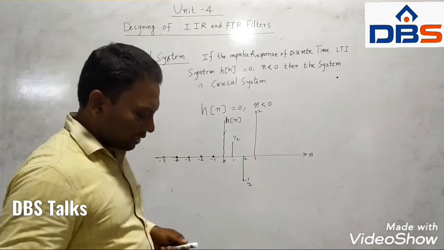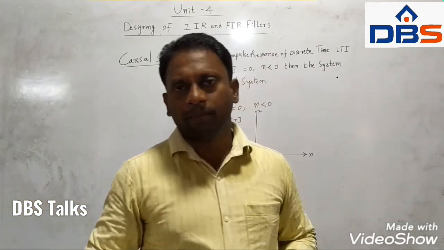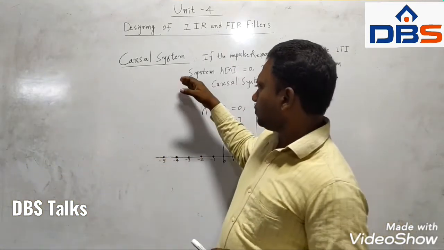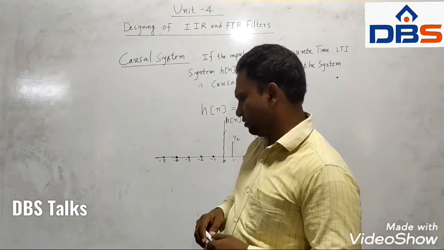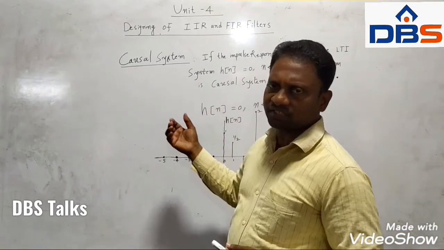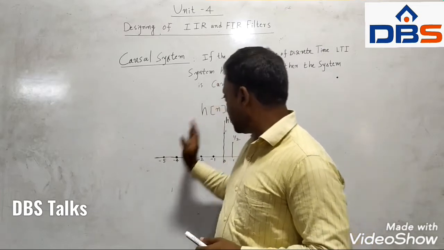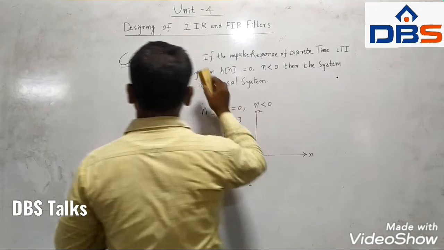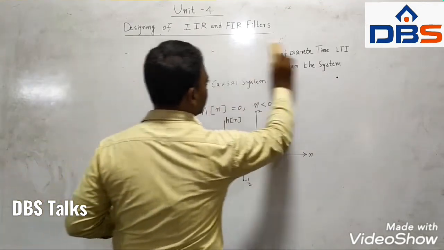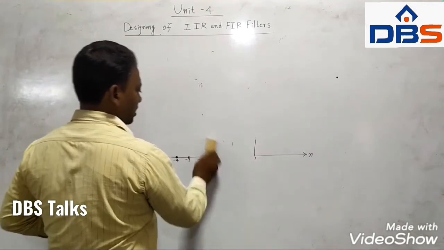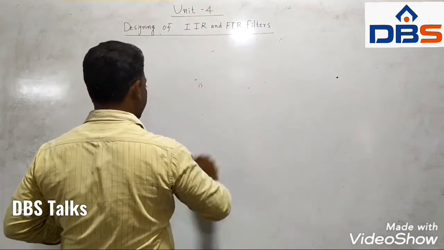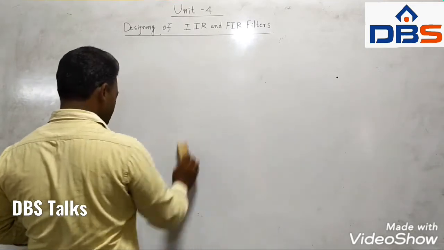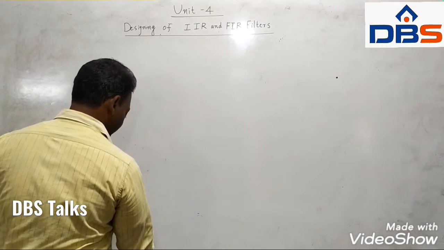This is one of the conditions to be satisfied by the system before it is designed. If the impulse response is 0 for n less than 0, then we can design it. Otherwise we cannot design it. So this is another important property of the system to be satisfied to realize digital filters.